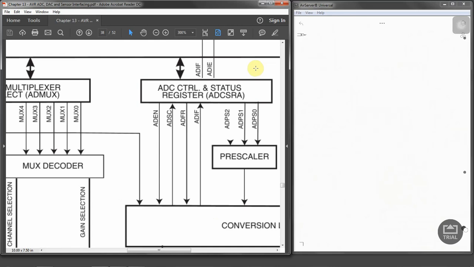So the first bit, which is the ADEN bit, enables the ADC. If it is 1, enabled. If it is 0, disabled.